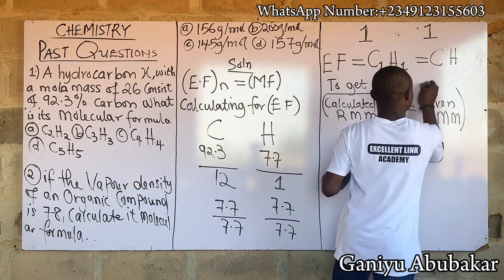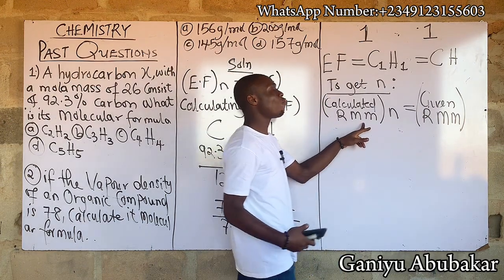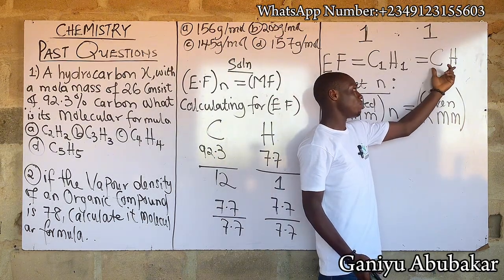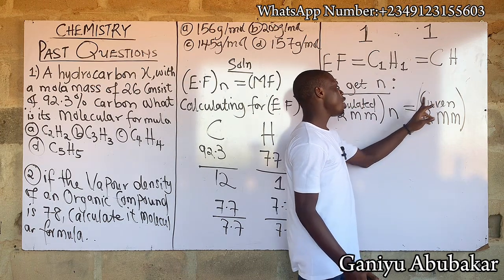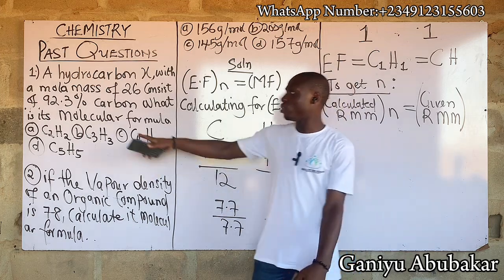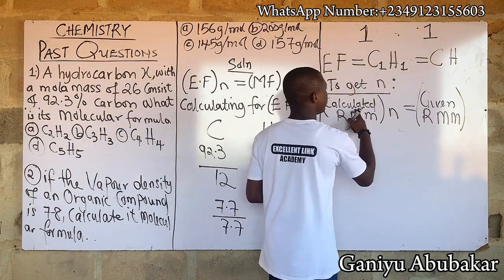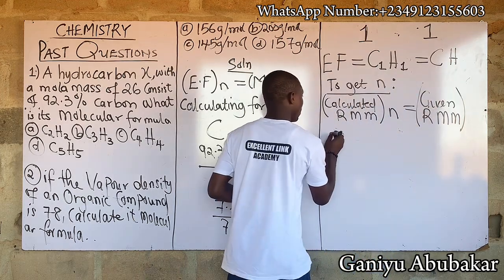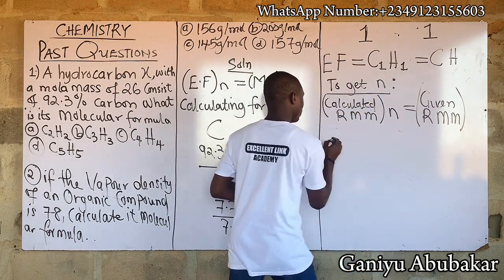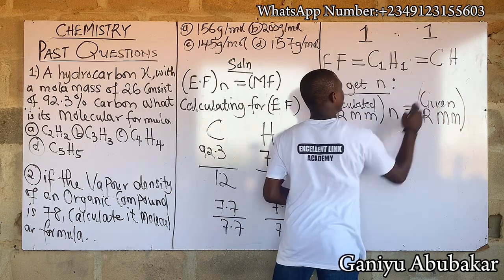That's all, please. So to get my n, I'll calculate the relative molecular mass of this compound, times n equal to the given relative molecular mass, which is 26 in this case. Now for the calculated one, I have CH. C is 12, plus hydrogen is just 1.